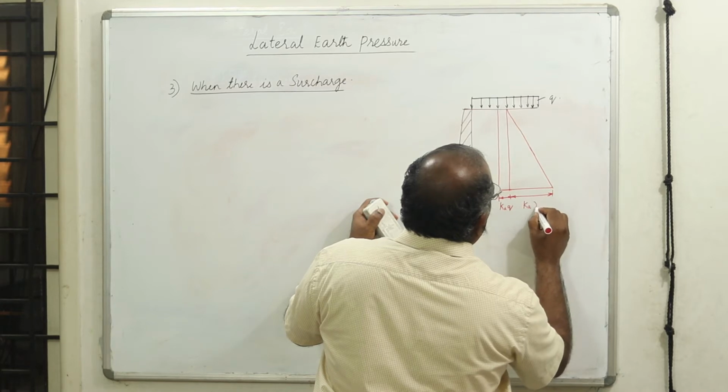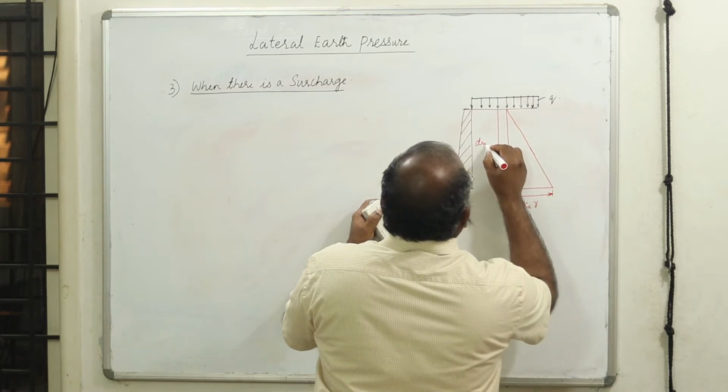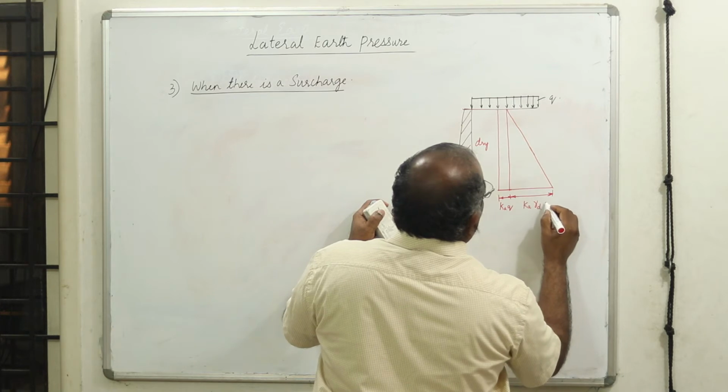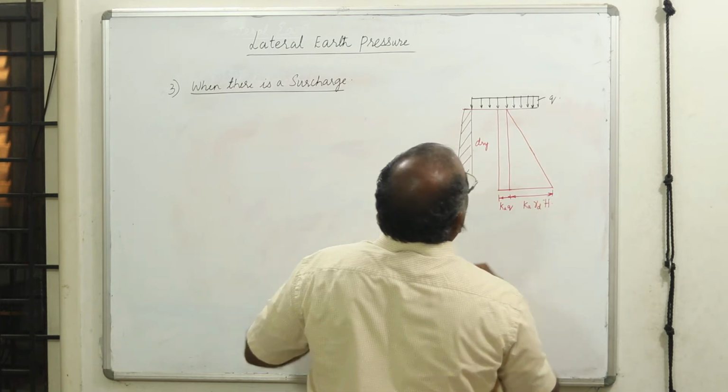If it is a dry condition, let us say you have got a dry soil, K gamma D into H. This will be the height of the retaining wall.